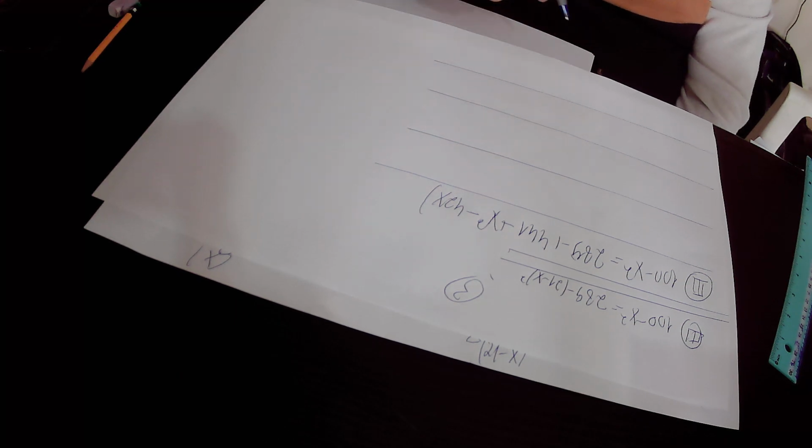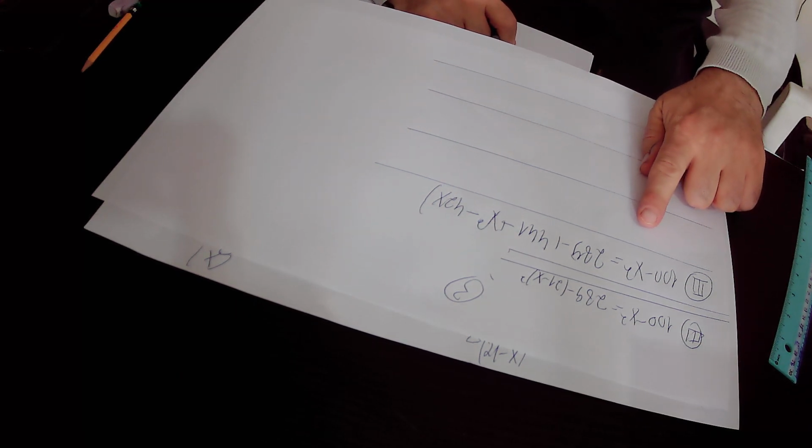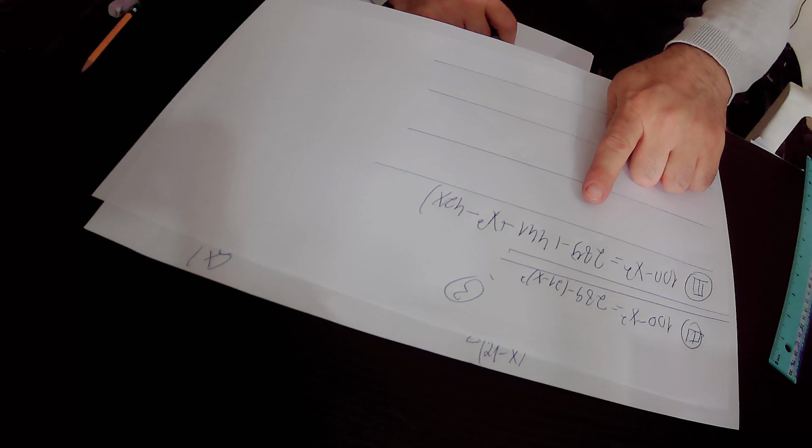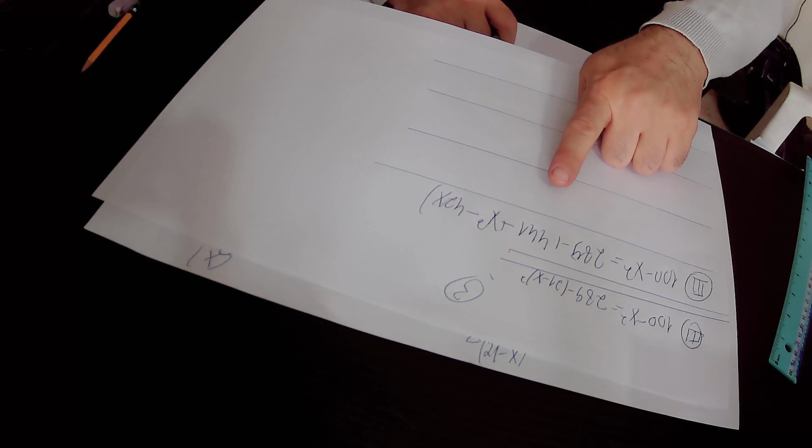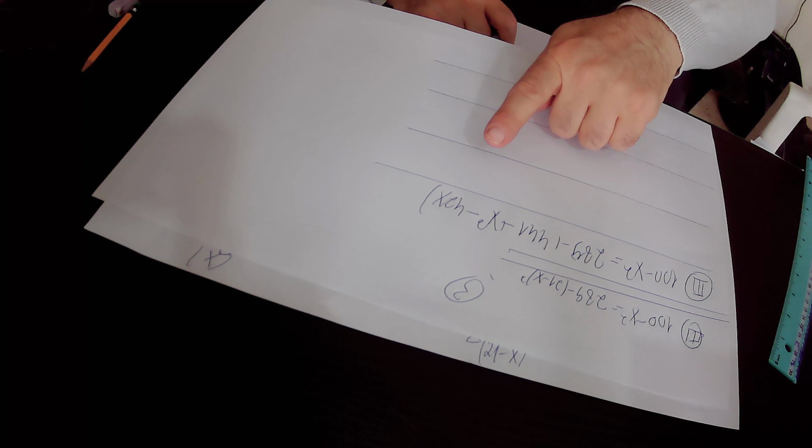So according to equation 3, 100 minus x squared equals 289 minus, and inside the brackets, 441 plus x squared minus 42x.